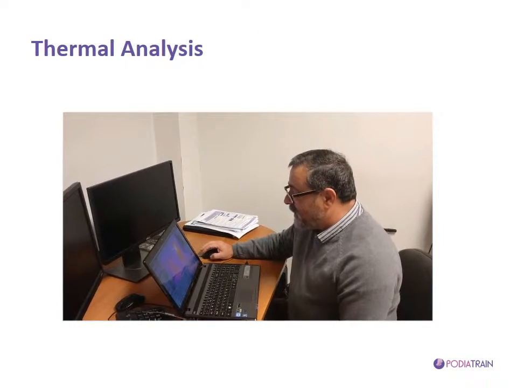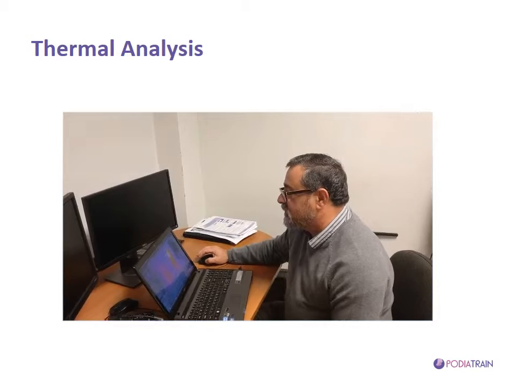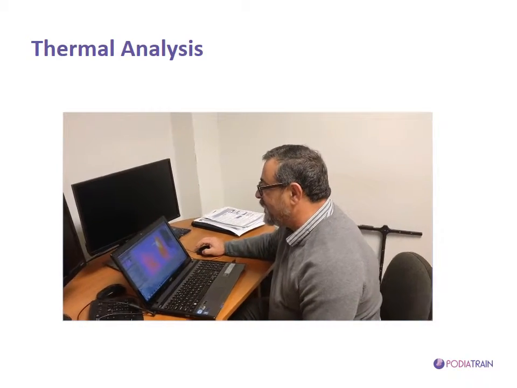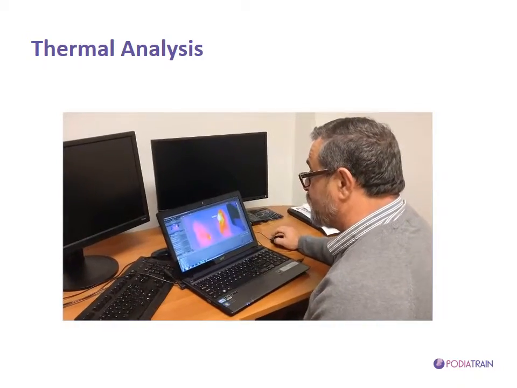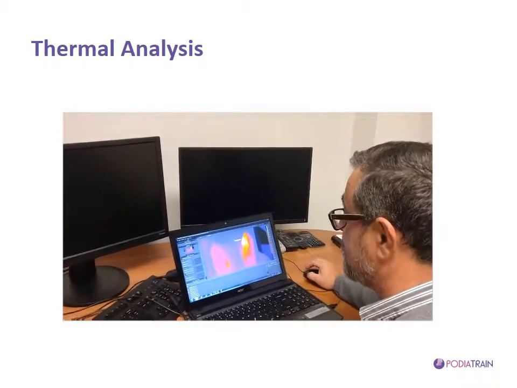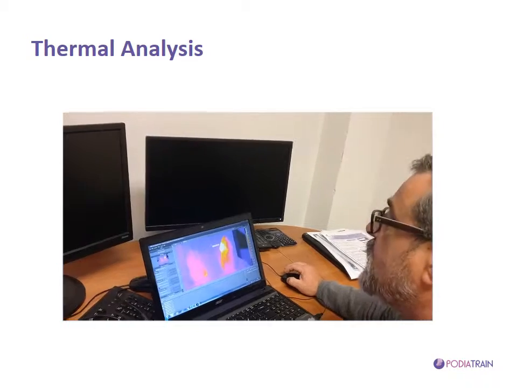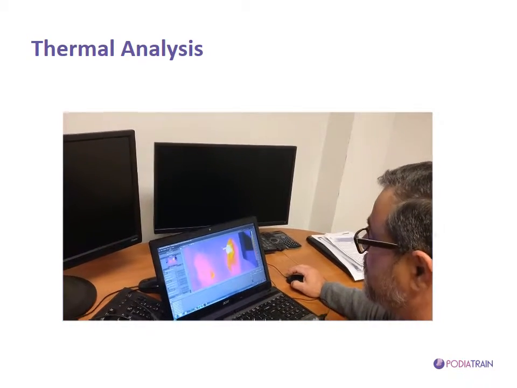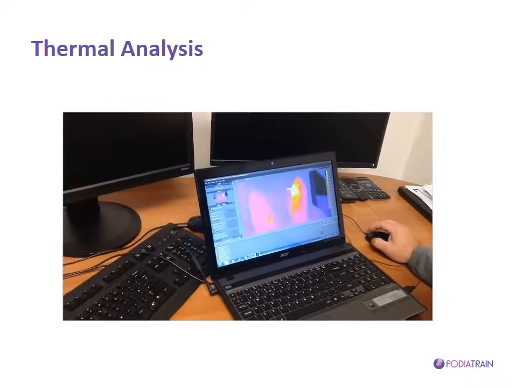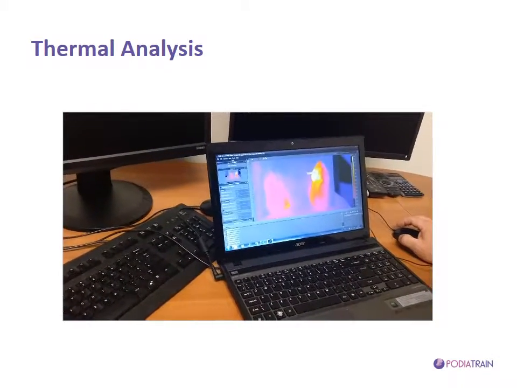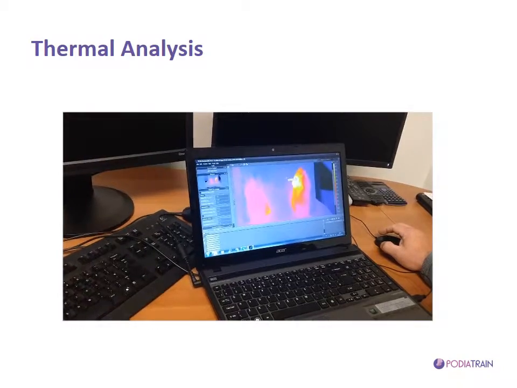The thermal images we took of this patient can later be analyzed using proprietary software or other software which analyzes images, because each JPEG image has a series of information in it that will provide us with important information.